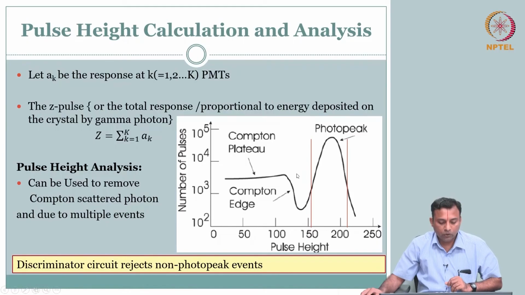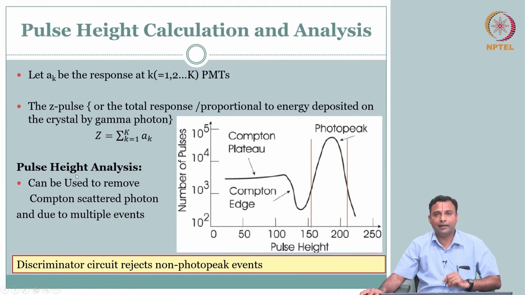Okay. So discriminator circuit. You have a Z pulse height analyzer, a circuit which will do this and detect the peak or whether it is within the threshold. Anything beyond that, that scintillation event will be discarded, will not be used further. What is the next step?